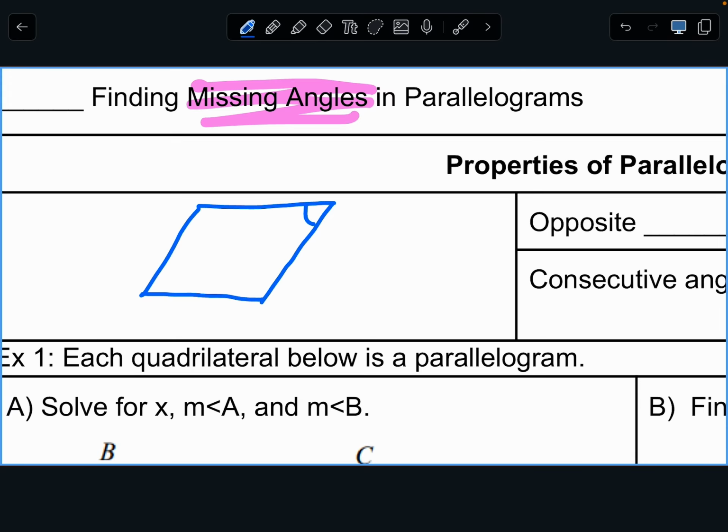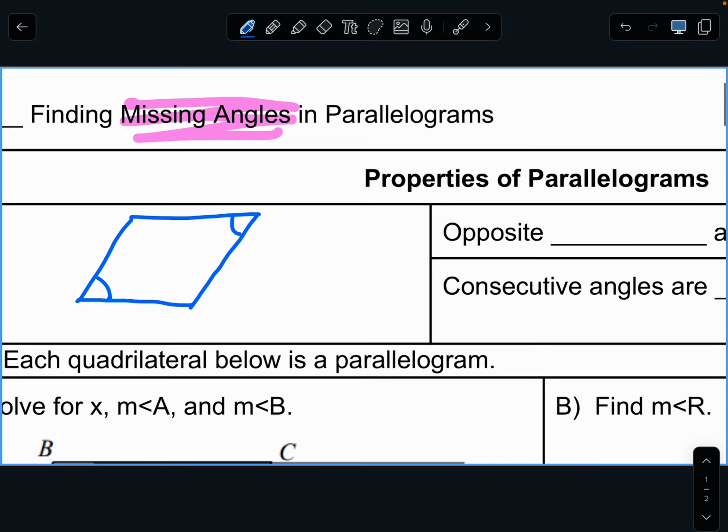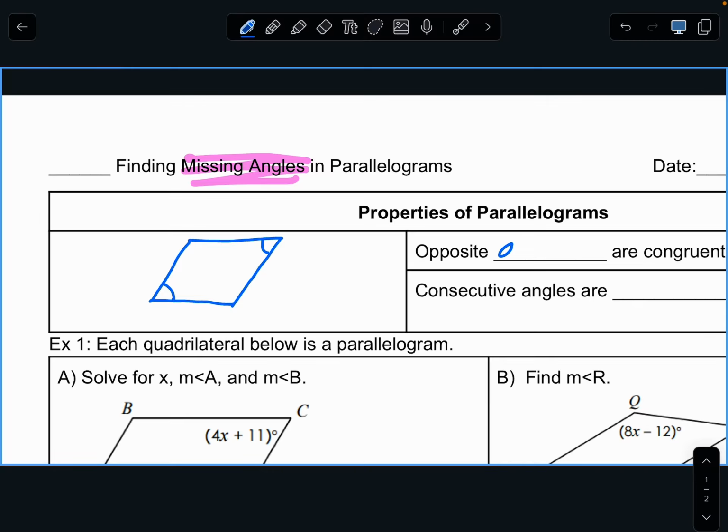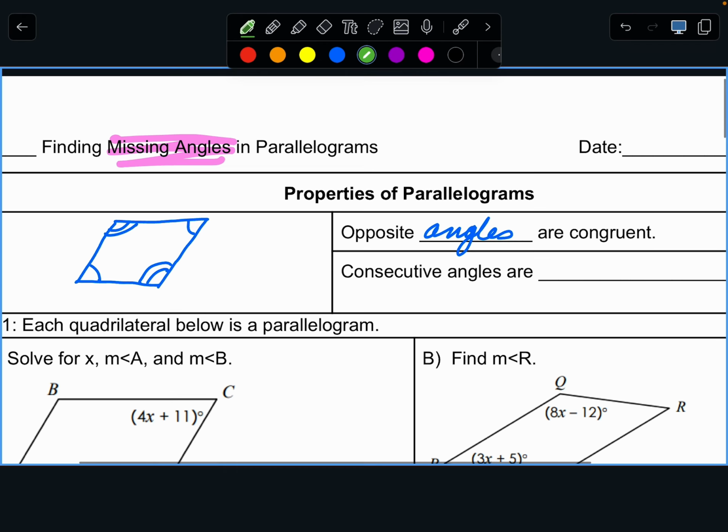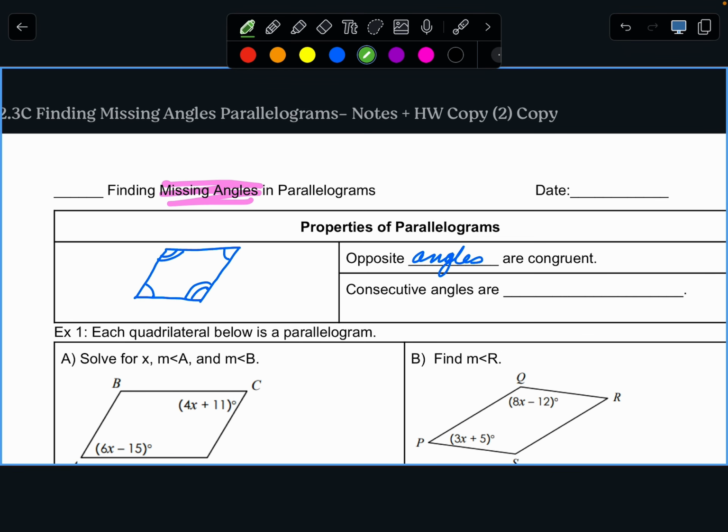Remember that in a parallelogram, Darcy, opposite angles are congruent. So the ones that are across from each other are congruent. But the second thing about parallelograms is consecutive angles, that means one right after another, consecutive angles are supplementary.